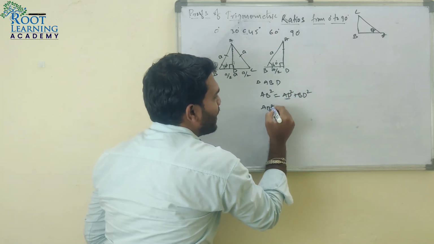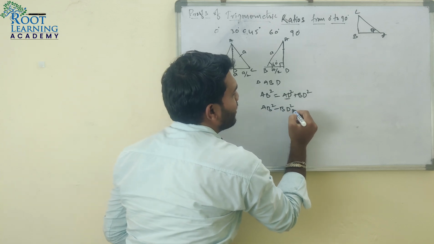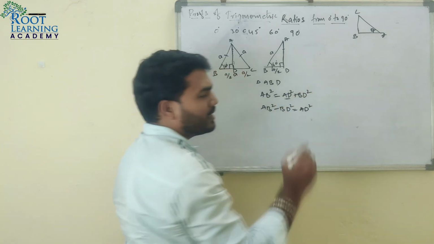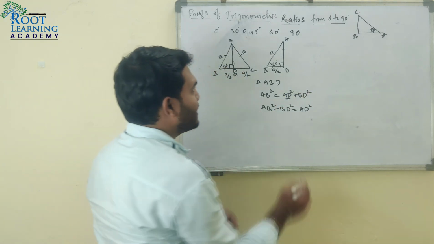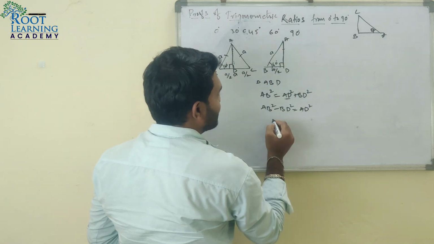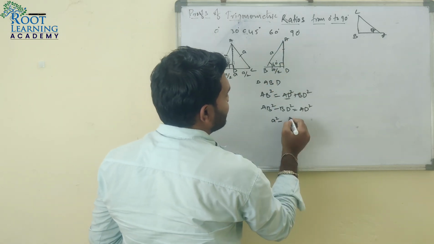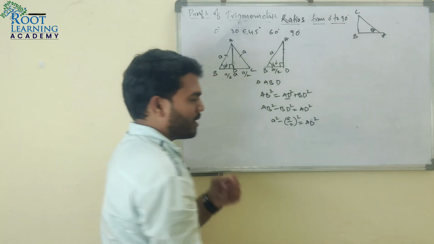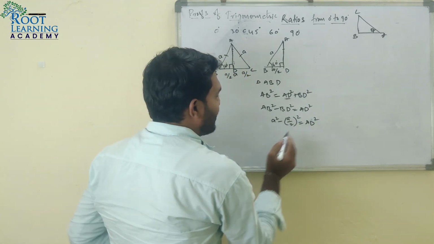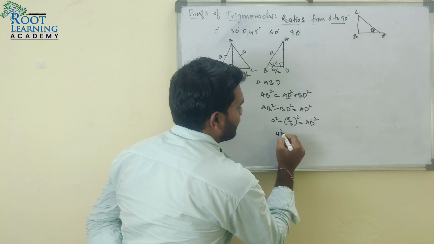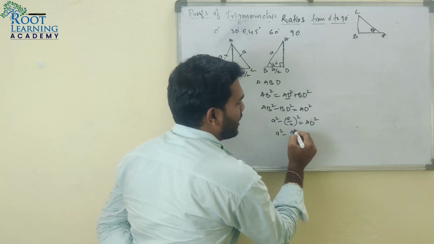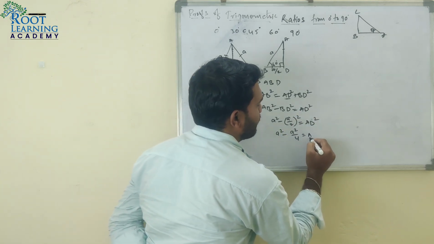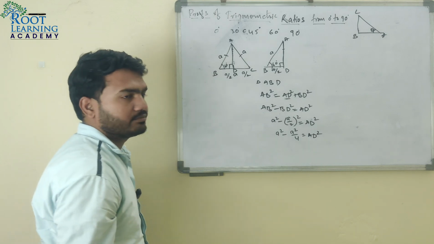So AB square minus BD square is equal to AD square. AB is equal to what? A square minus BD, which is A by 2 whole square, that is equal to AD square. So A square minus A by 2 whole square means A square by 4 is equal to AD square.